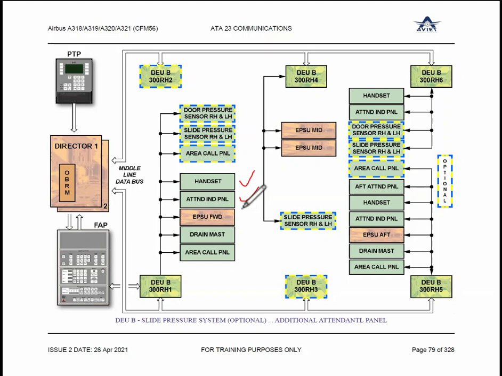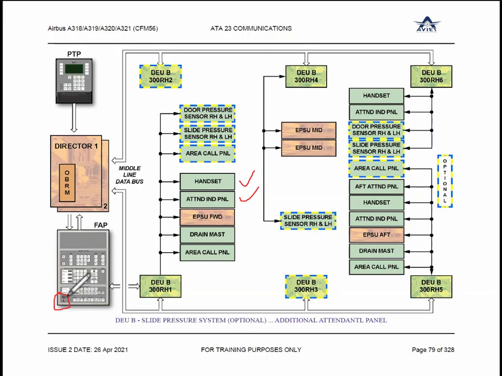Then you have an EPSU, the emergency power supply unit. It is an electrical chapter, and we discuss it in the electrical chapter also. The status of the emergency power supply unit is also available on the FAP, forward attendant panel, with manual control. They are also controlled from the MCDU for the battery test, battery capacity test, EPSU test.